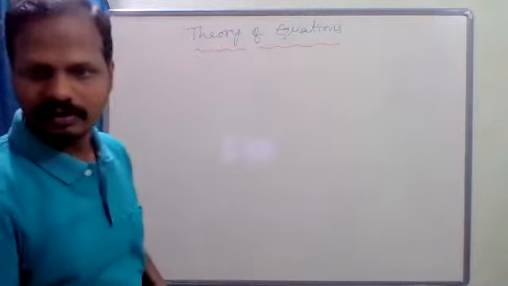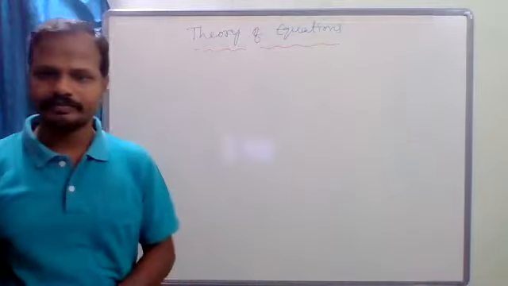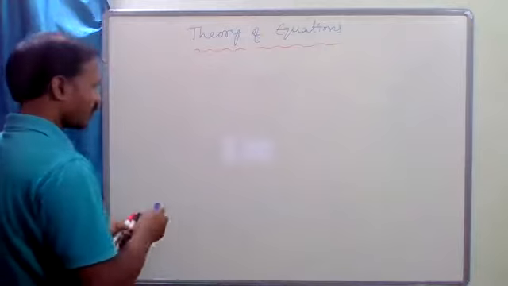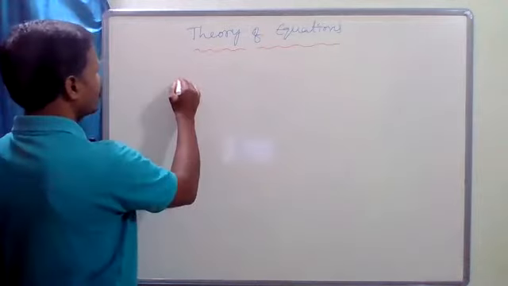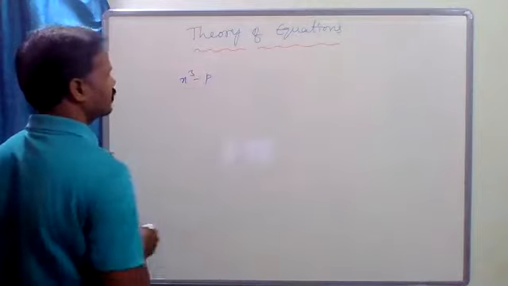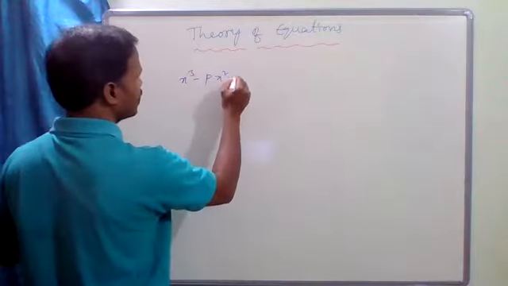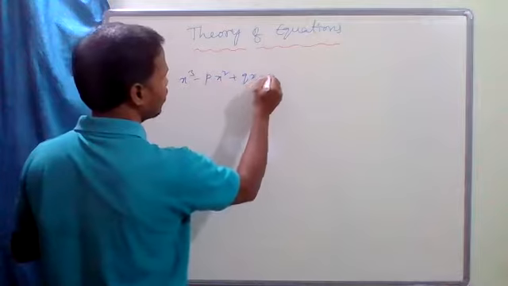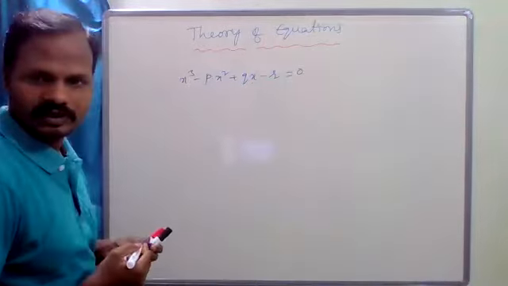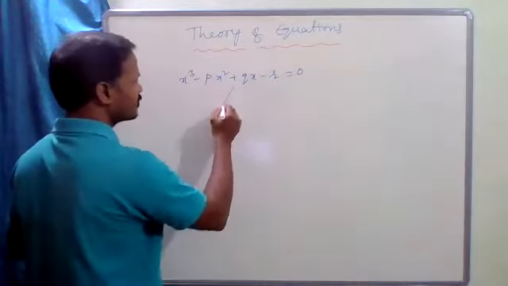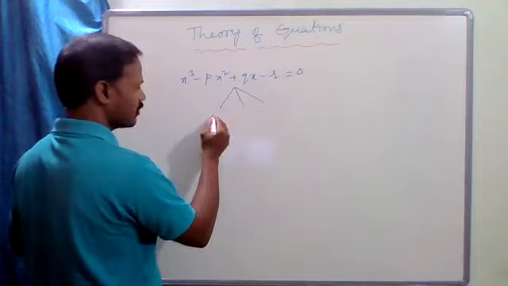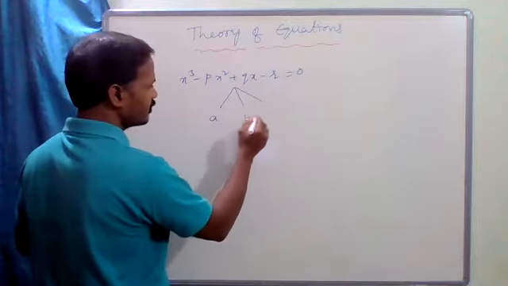So one more problem. X cube minus px square plus qx minus r equal to 0. So the roots of this equation are a, b, c.